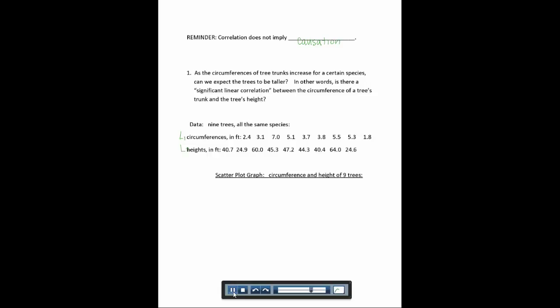If we want to make a scatter plot, we put their circumferences as the x value, in feet, and their heights as the y value, also in feet. For circumference I'm going to mark off from 1 to 8, and for heights we're going to go from 10 feet to 70.